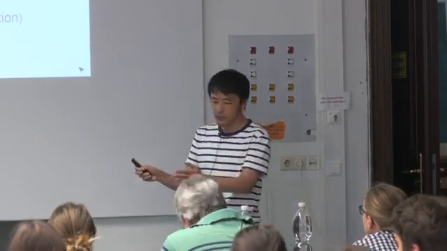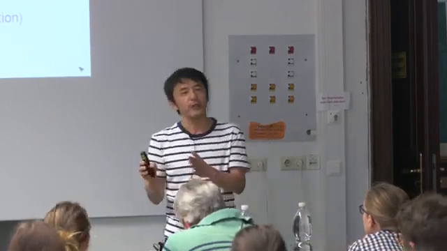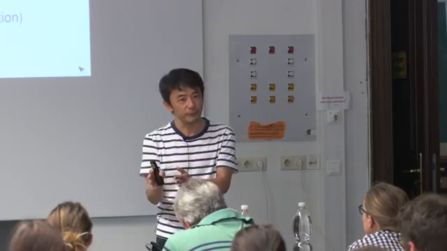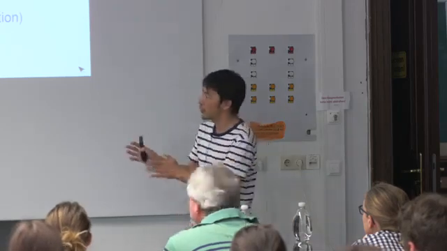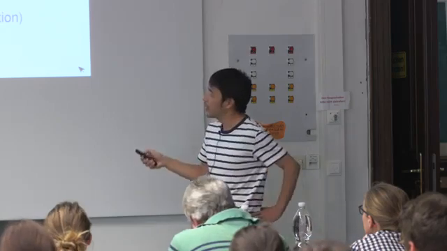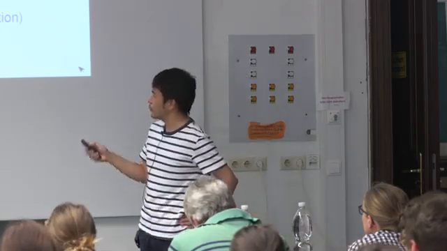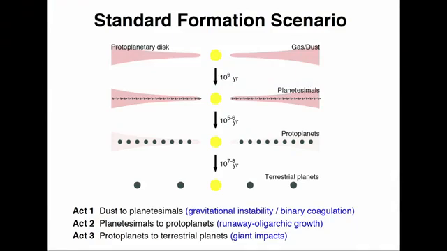These protoplanets are also called embryos, so embryos and protoplanets in my talk are the same. And the last stage is the formation of terrestrial planets from protoplanets. This stage is known as the giant impact stage. So we'll look through all stages.